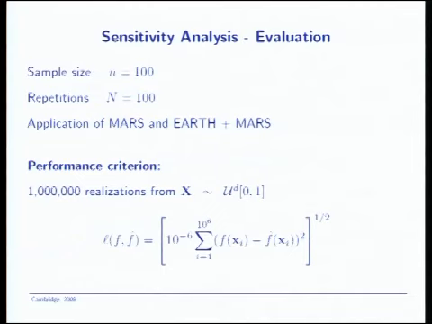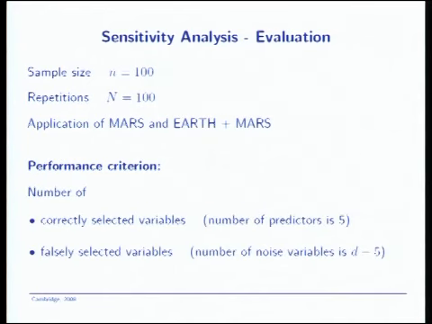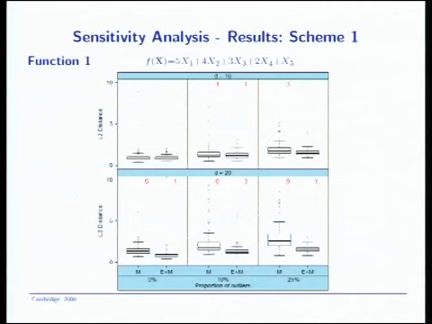Okay, so what we looked at then: we applied just MARS and Earth plus MARS to the data for all these different functions, and as performance criterion we looked at the L2 distance. Correctly selected variables can also be taken, but I will show you here only the L2 distances. So this is a simple function.